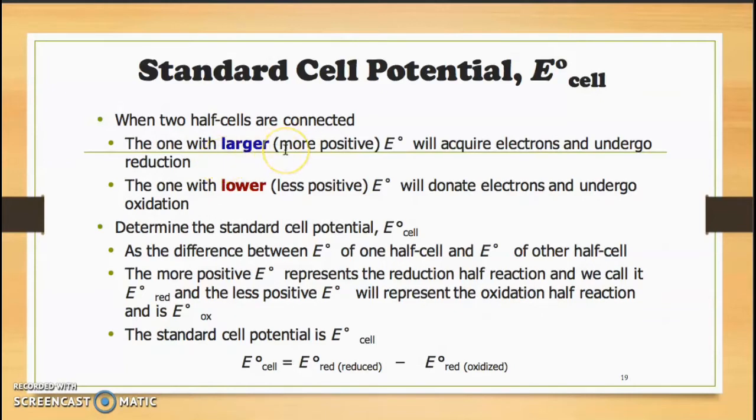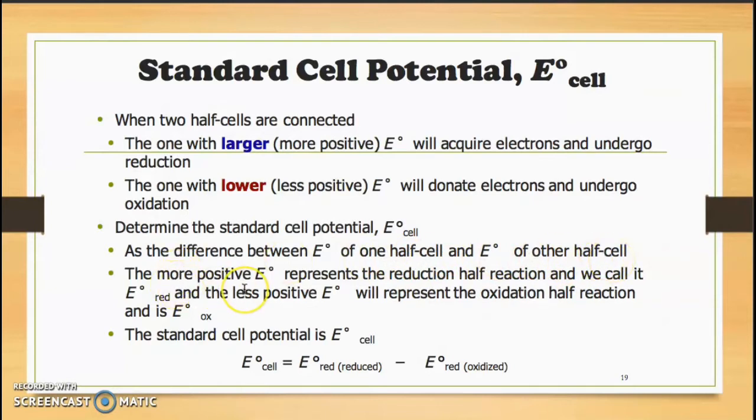The one with the larger, more positive SRP, meaning standard reduction potential, will acquire electrons and undergo reduction. The one with the lower SRP will donate electrons and undergo oxidation. Determine the standard cell potential as the difference between the SRP of one half cell and the SRP of the other half cell.